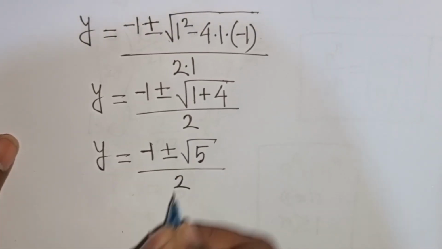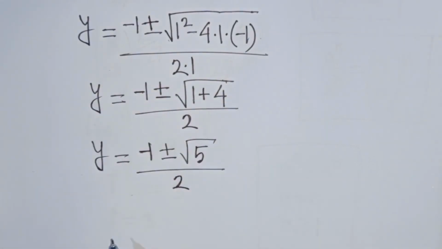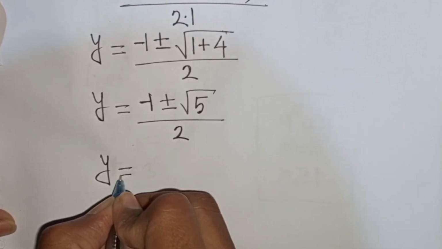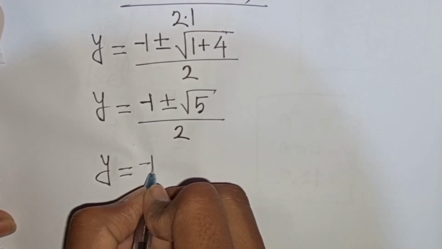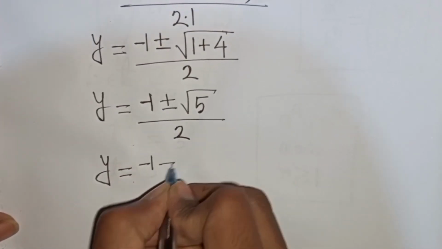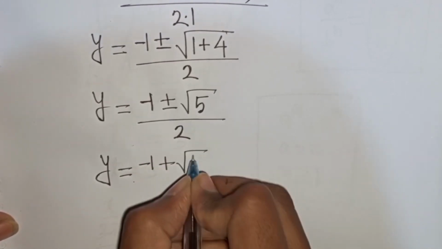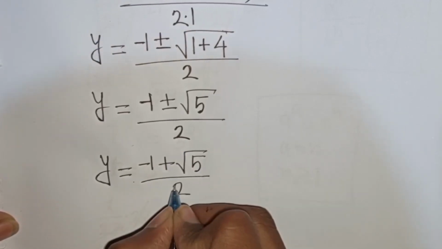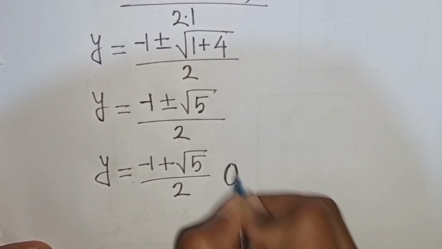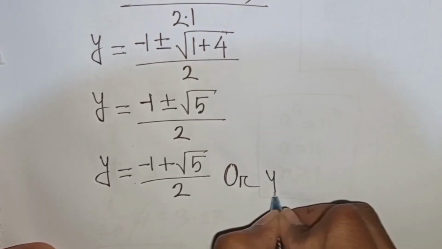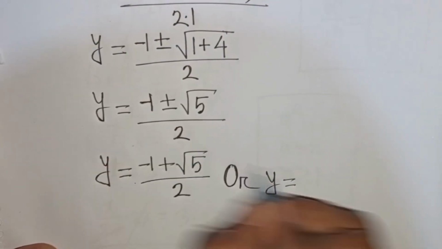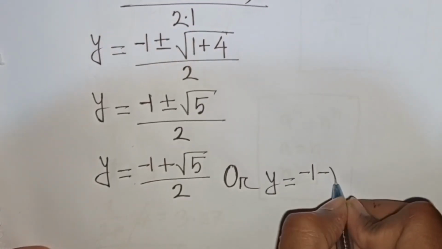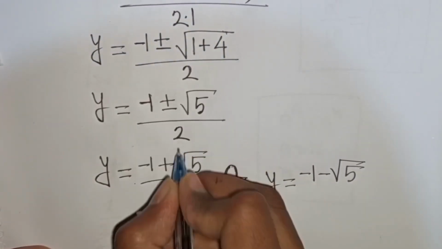Now we see two cases, so we can write y is equal to minus 1 plus square root of 5 divided by 2, or y is equal to minus 1 minus square root of 5 divided by 2.